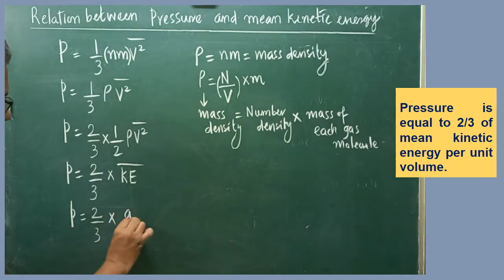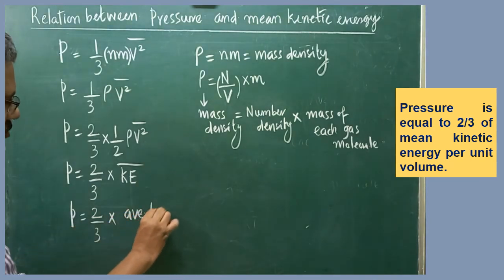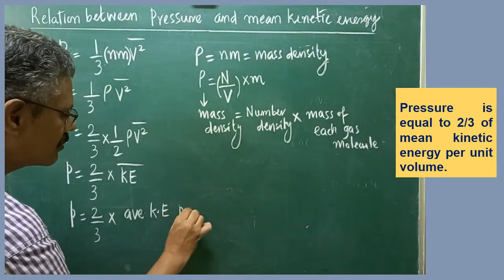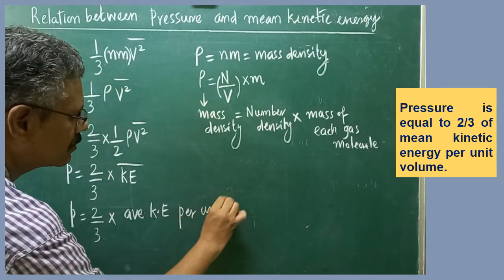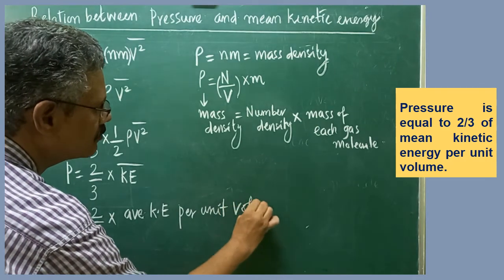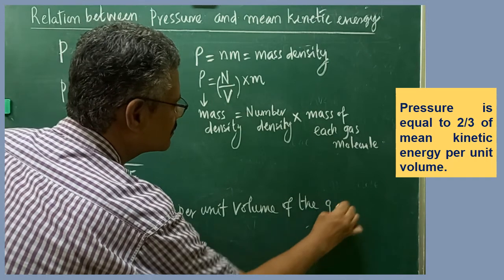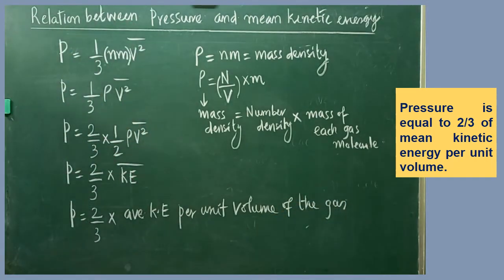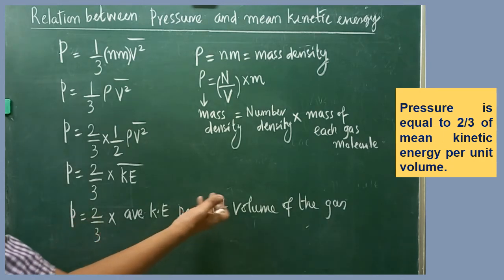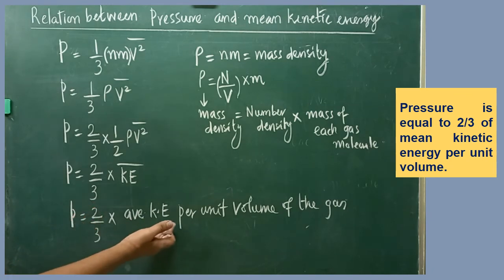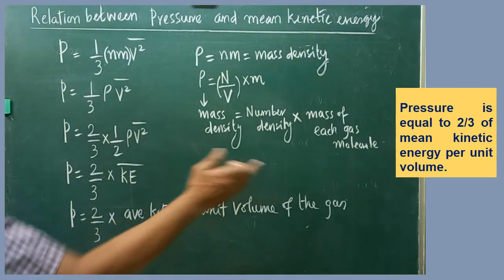Average kinetic energy, average kinetic energy per unit volume of the gas. Are you clear? If you want to calculate the pressure of the gas, how can it be measured in terms of kinetic energy? That is equal to 2/3 of the average kinetic energy per unit volume of the gas.